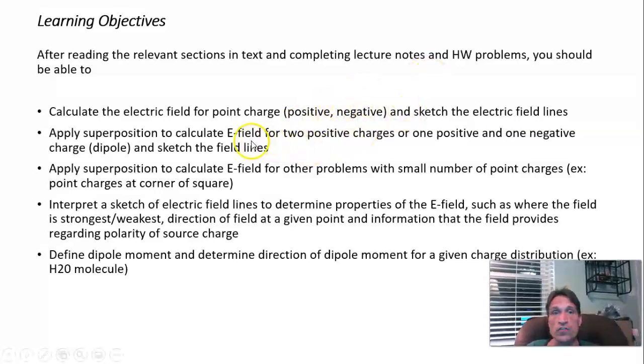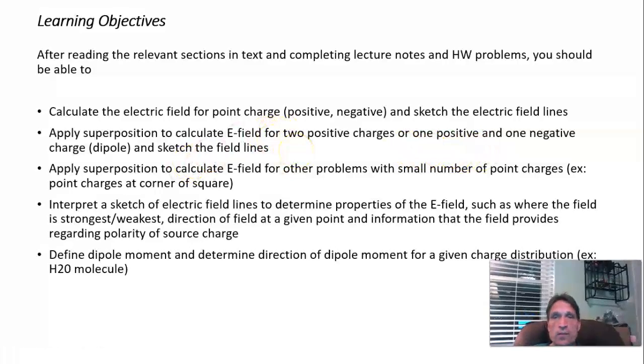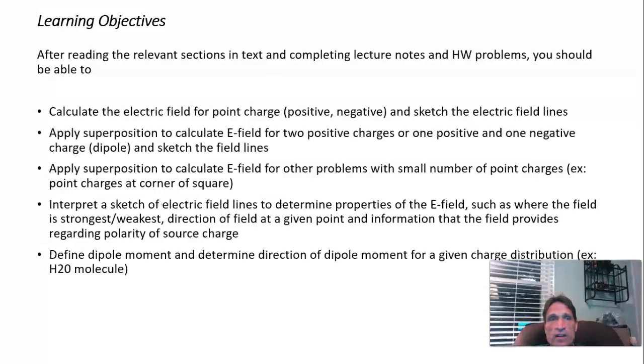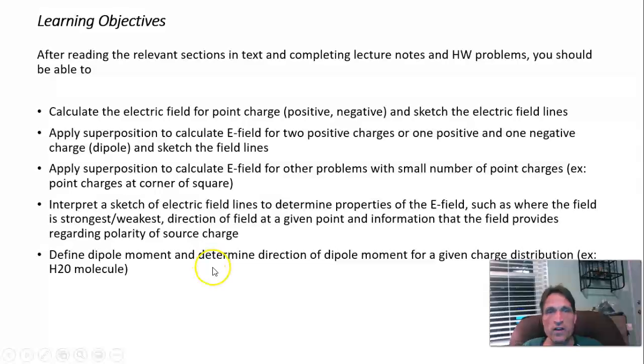You should be able to calculate the field due to either two positives or a positive and a negative charge, the dipole or two positives. You should be able to calculate the electric field for other problems with only a few charges, like a couple charges at the corner of a square. You should be able to interpret a sketch of electric field lines, and you should be able to define a dipole moment.